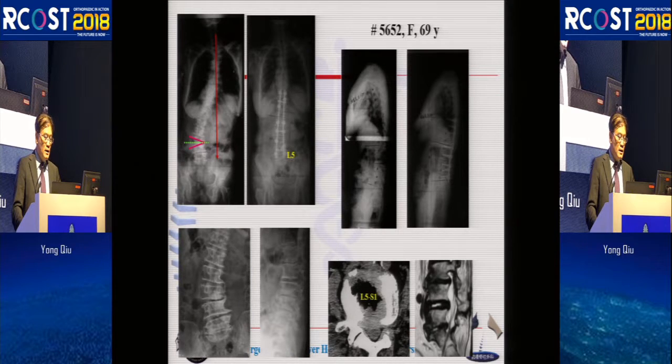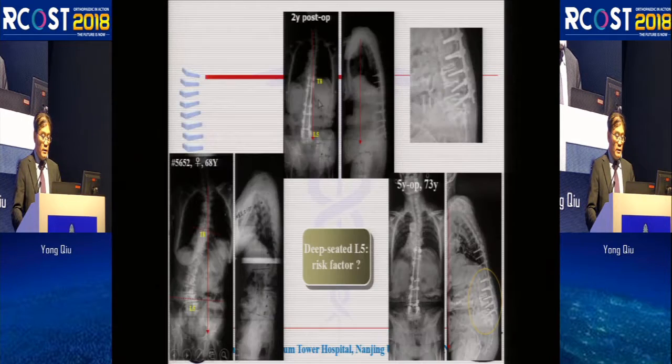So that means if you stop at L5, there are many mechanical complications. So look at this patient. It's a 69-year-old patient. We did an L3 PSO, and we stopped at L5. Immediately after surgery, the patient did very well in the sagittal plane and in the coronal plane.